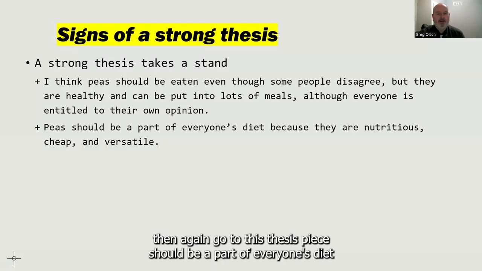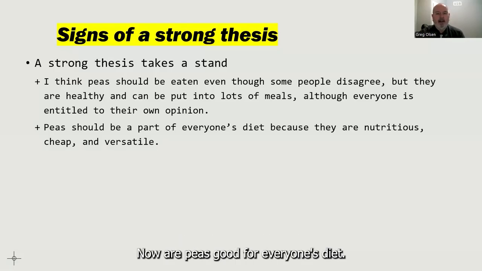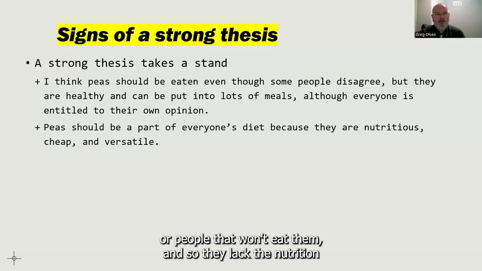So we then again go to this thesis. Peas should be a part of everyone's diet because they're nutritious, cheap, and versatile. Now, are peas good for everyone's diet? There might be people that are allergic to peas or people that won't eat them, and so they lack the nutrition that other vegetables could give that they like.